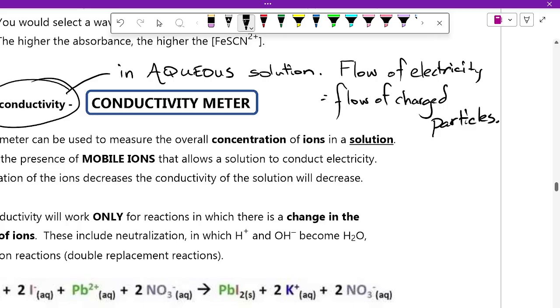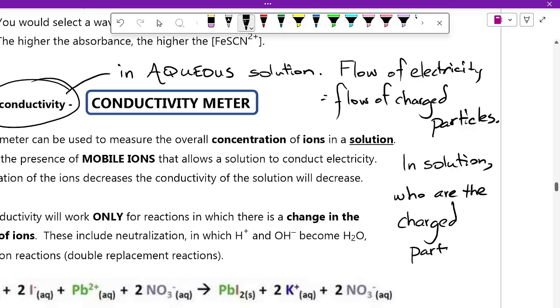In solution, who are the charged particles? Chat with your neighbor about that. Who are the charged particles in a solution?